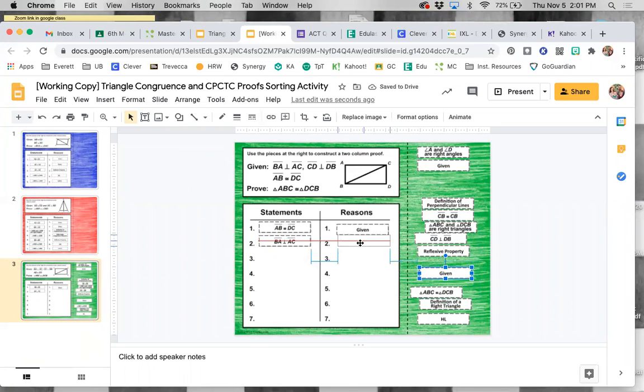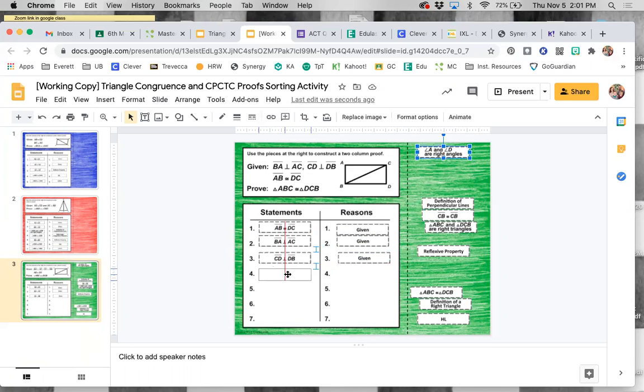Given. And then the next one. Very good. What else did we put? Okay. And how do you know A and D are right angles?